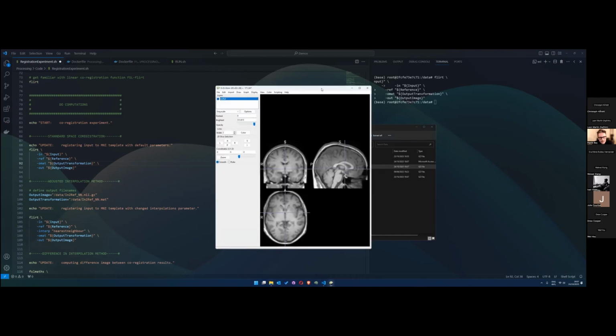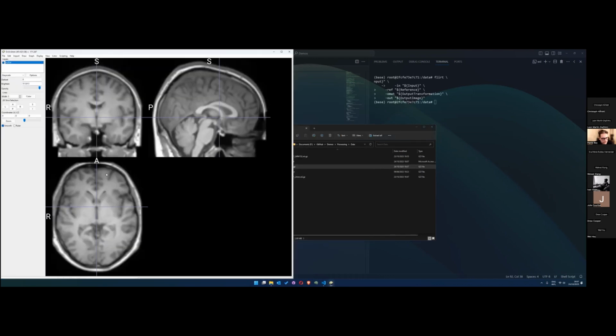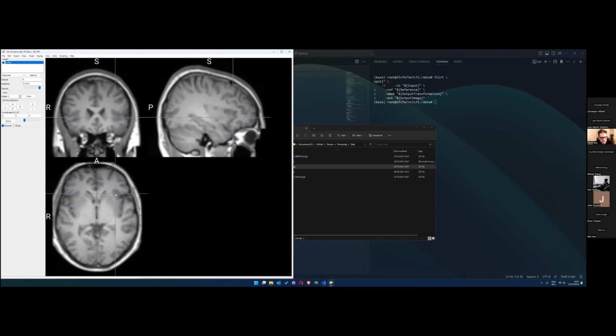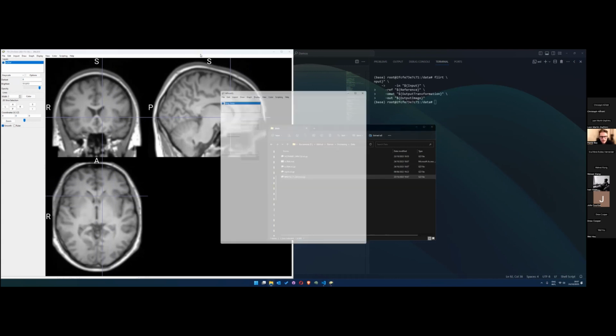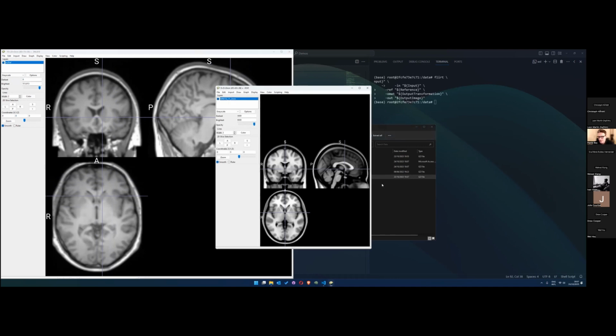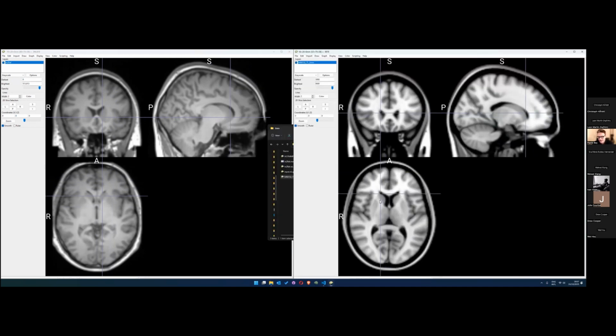And if we look at it right here, we already see a difference in terms of the smoothness of the image because it got registered to the template space, which was like this really, if we look at it again, abnormally smooth. This is not a real brain, right? This is this average that we can see. So this was mapped into the average template space.